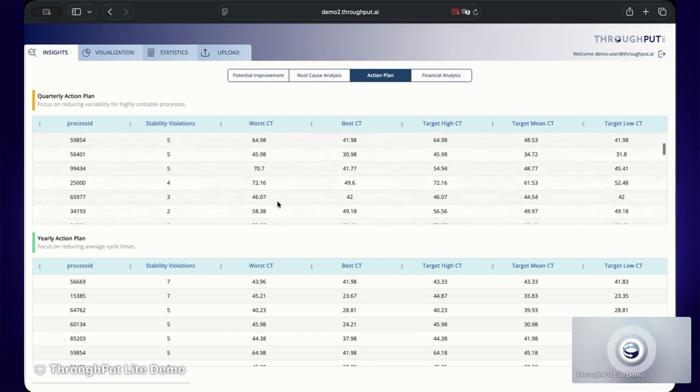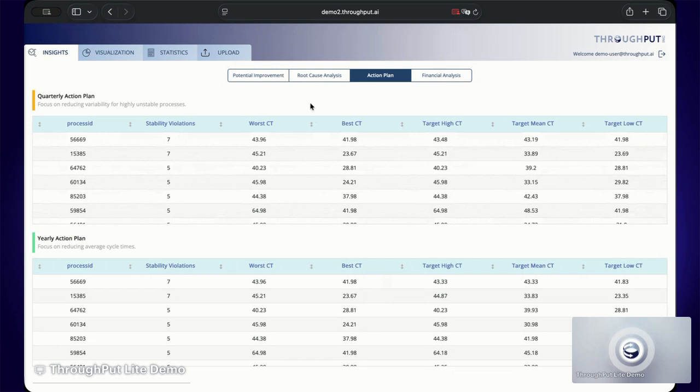The yearly action plan focuses on reducing average cycle times. What this means is that this will most likely require some sort of investment or some rework of the process itself, rather than the quick fixes that you could do just by improving the variability.